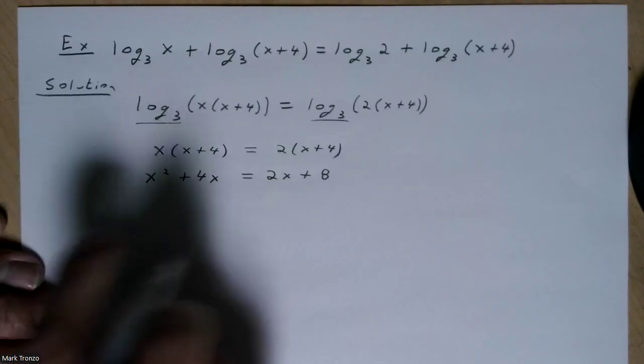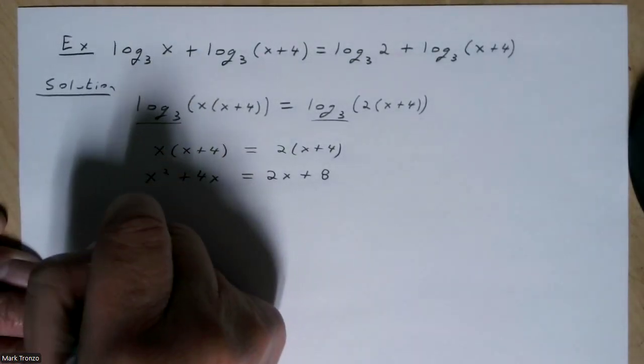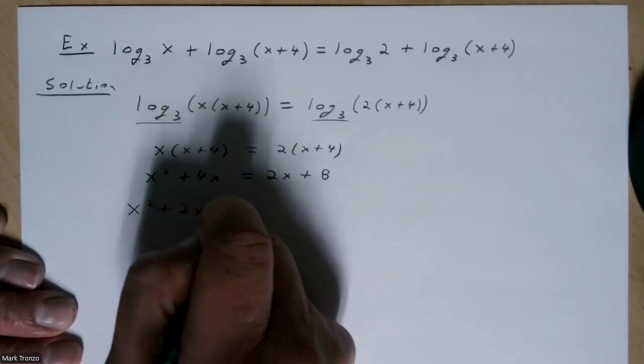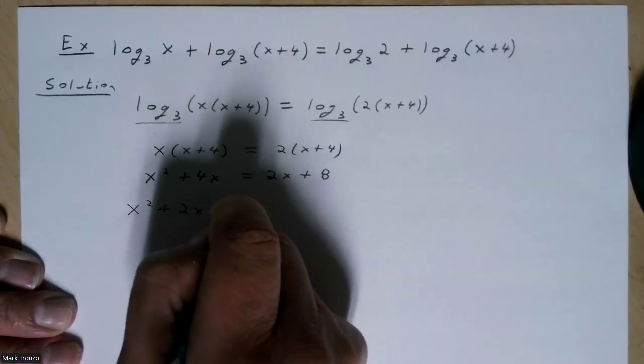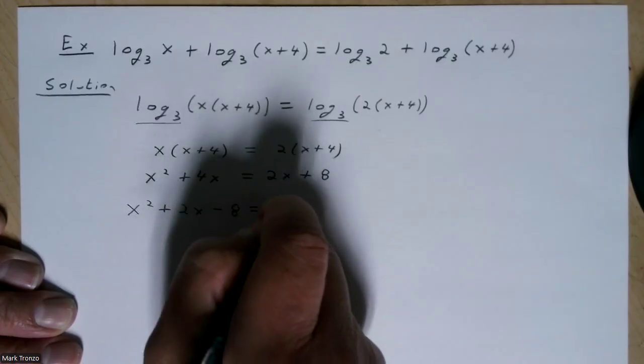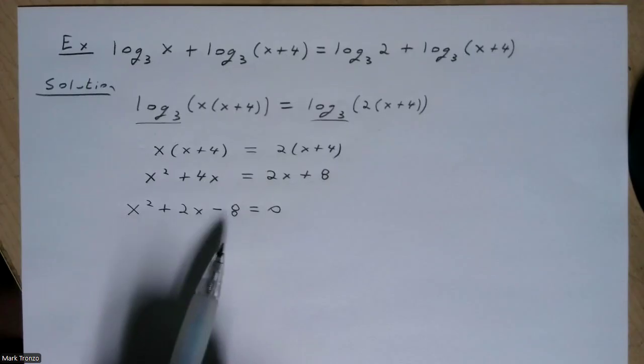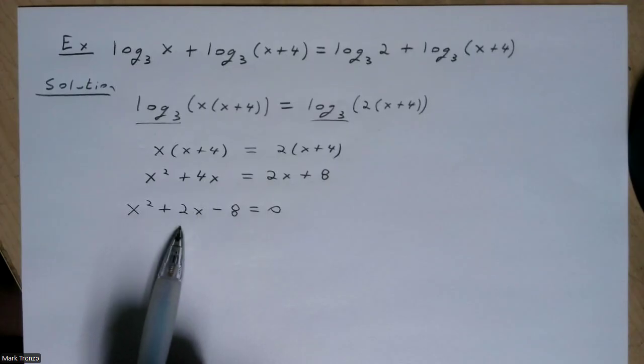And let's put these together. And again, now we need two numbers that multiply to give us minus 8, but add to give us plus 2.